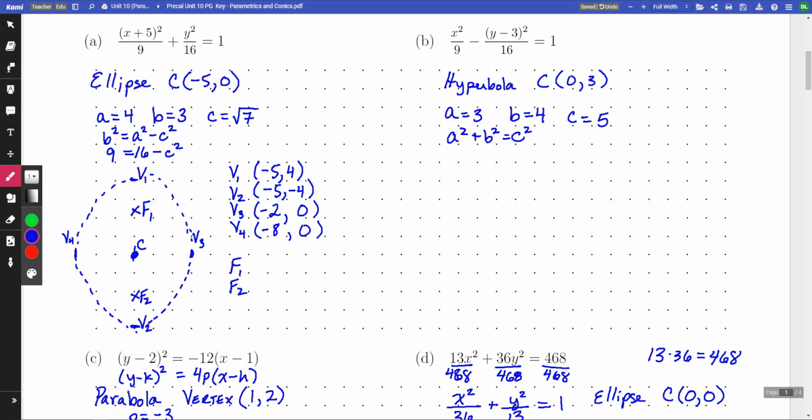Right, I have a distance c from the center, and let's label this as C1 so we can distinguish, right, that'll be C1, the center.